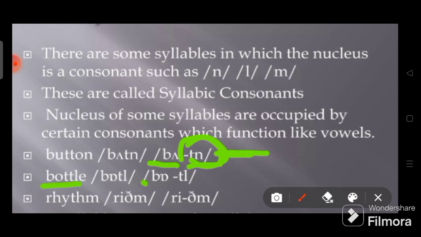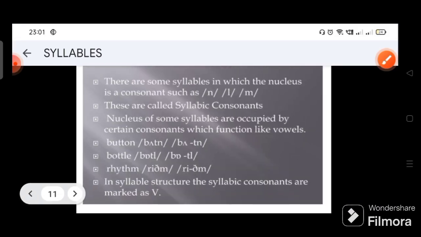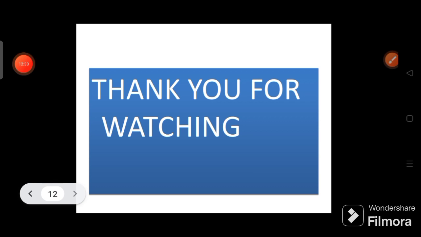"Bottle": here no vowel sound, but this is a syllable. "Rhythm": here no vowel, but there is a syllable. It is formed as a syllable. So this is called a syllabic consonant.